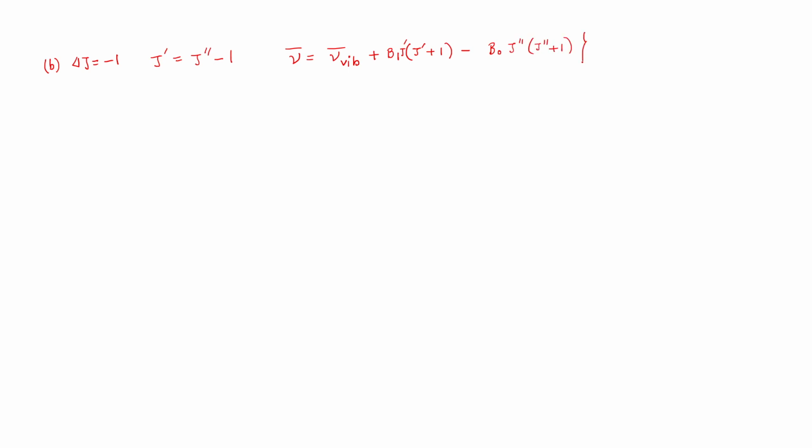So always remember, this is all in centimeter inverse, not per meter. In a mathematical problem, you could be given a problem and expected to give some bond distance or something like that in meter inverse. So please remember that. Anyway, for delta J equals negative, what can we expect? Nu bar vibrational plus B1.